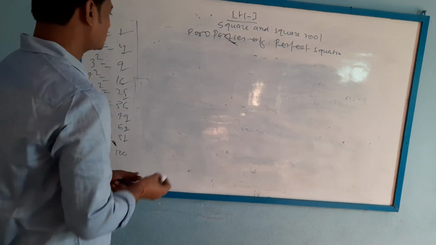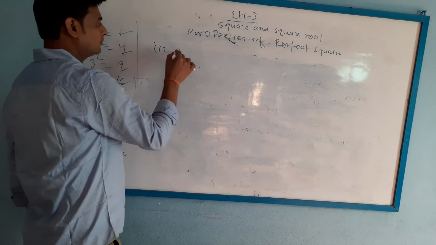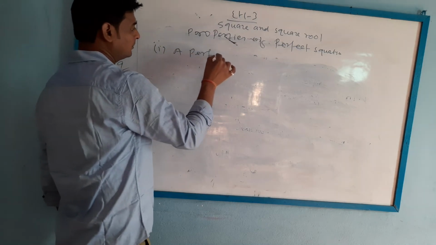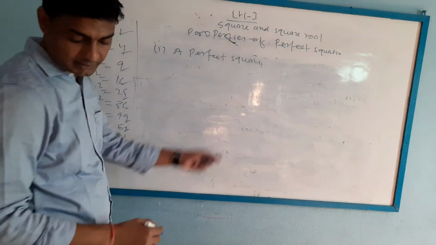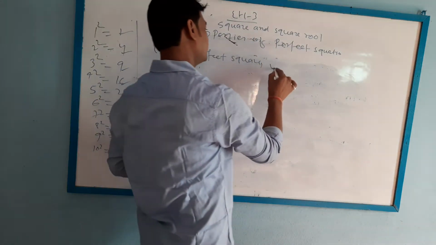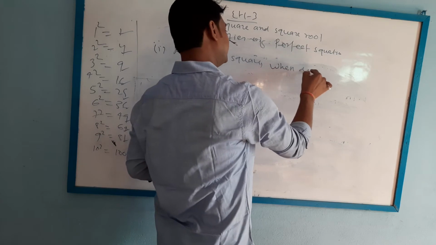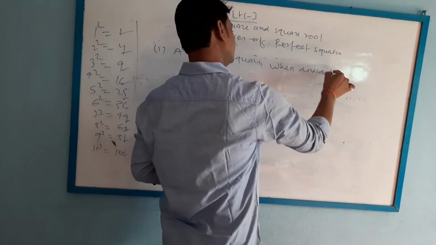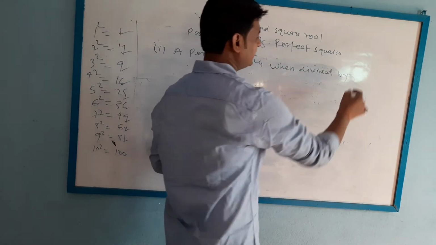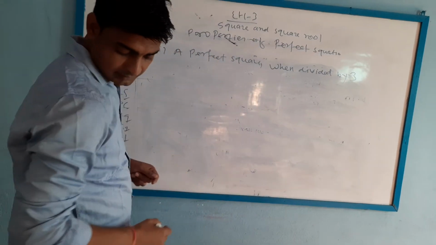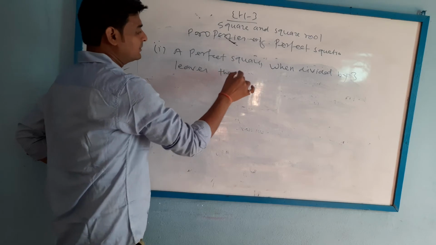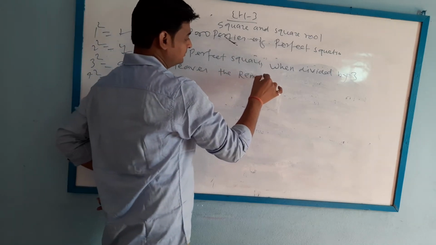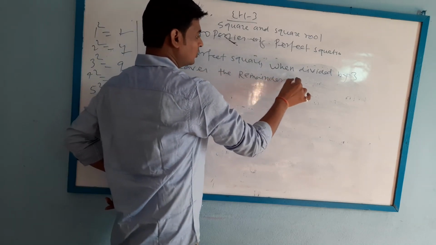Next, a perfect square. A perfect square, when divided by 3, leaves the remainder 0 or 1.